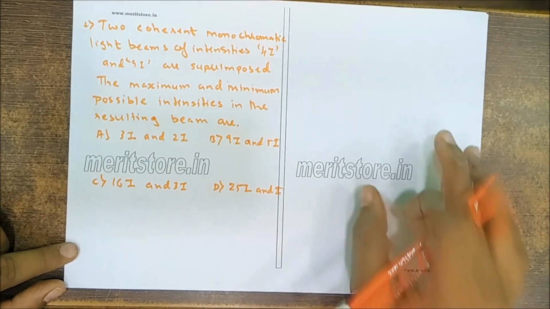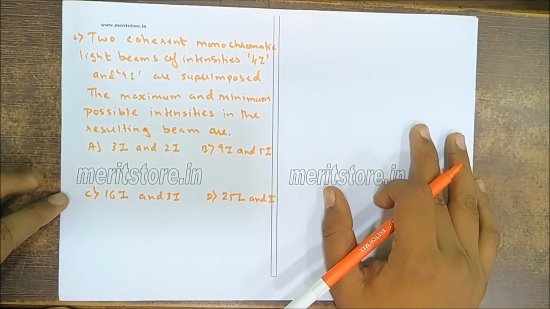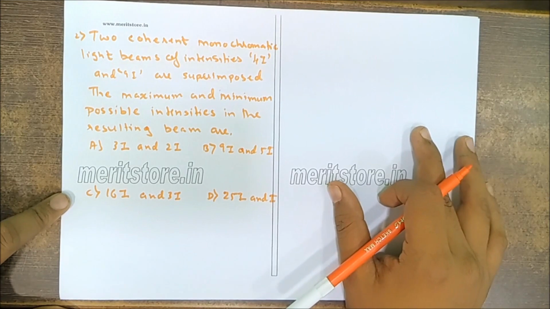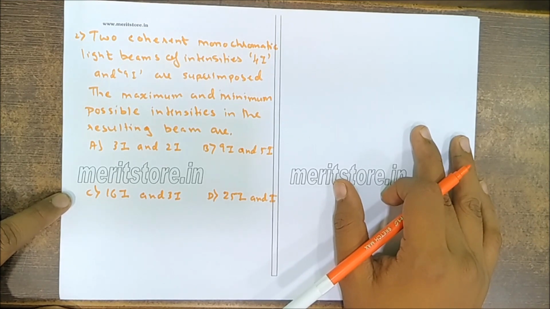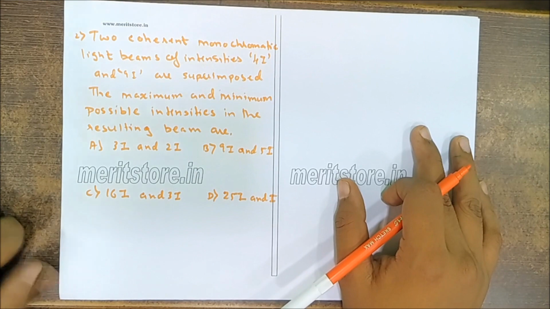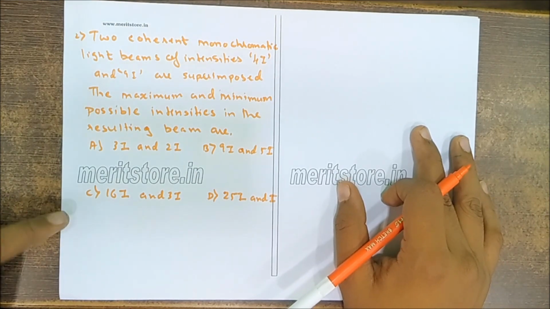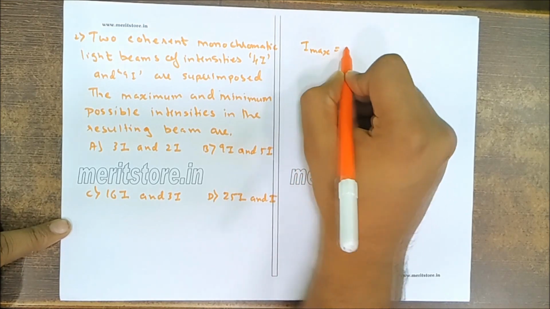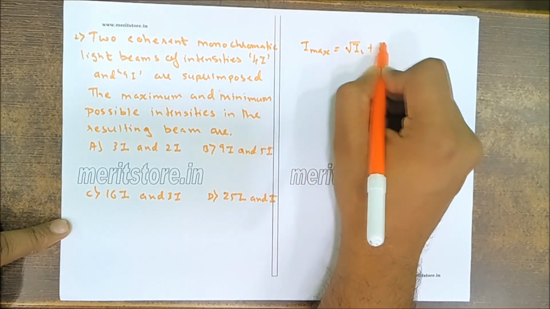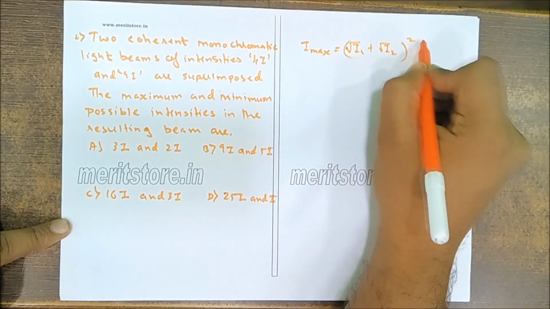The next question. Two coherent monochromatic light beams of intensities 4I and 9I are superimposed. The maximum and minimum possible intensities in the resulting beam. So again, maximum and minimum intensities have been demanded. I would say I max for a coherent source is given as root of I1 plus root of I2 the whole square.